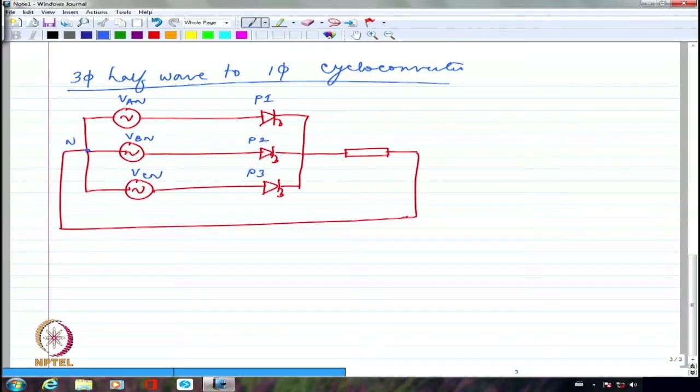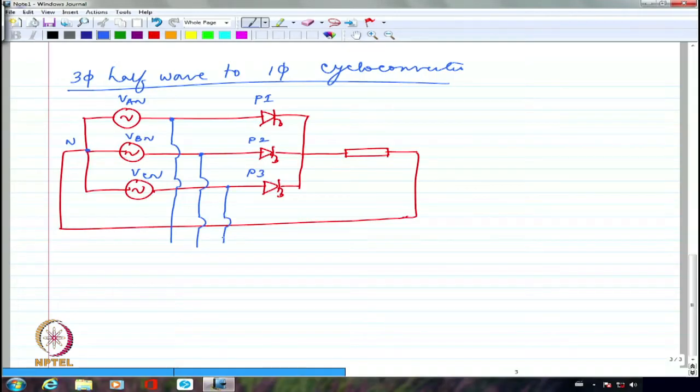Obviously, I have to have one more converter with opposite connection of the SCR. So I can imagine that from all these 3 terminals, because I am using the same source, I am not going to use a new source. The same source is being used.